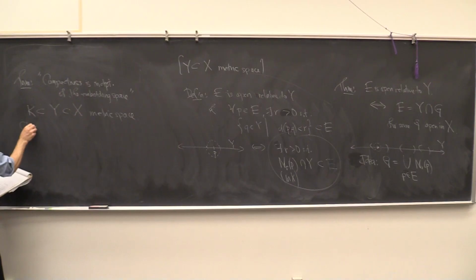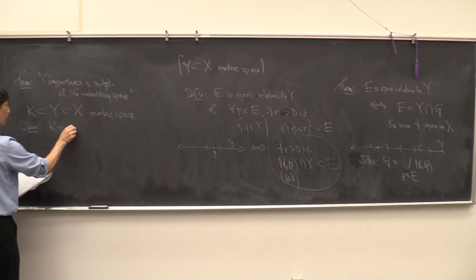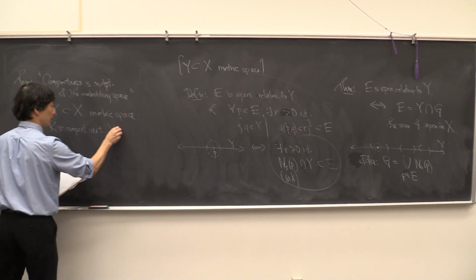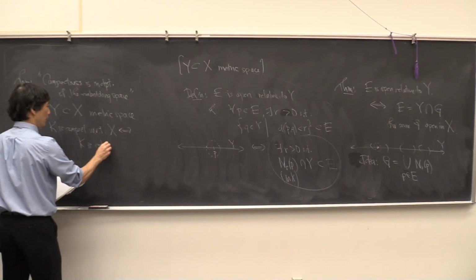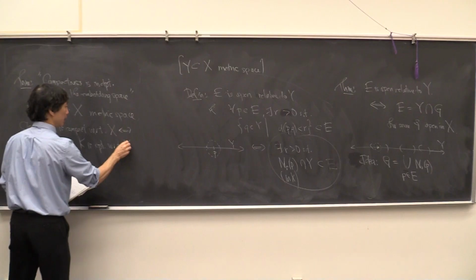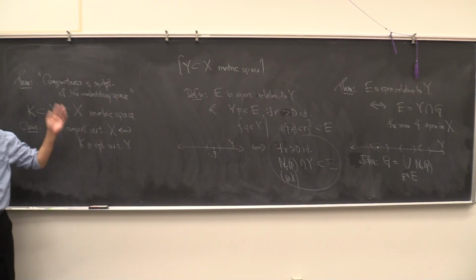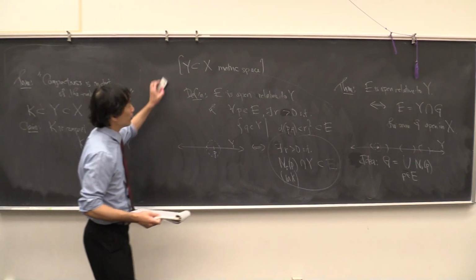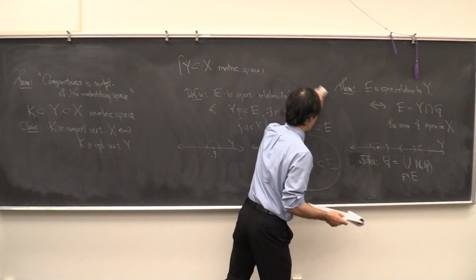The claim is that K is compact with respect to X if and only if K is compact with respect to Y. So once we say compact, we don't have to worry about what space we're talking about. Whereas if we're talking about open, we have to say open relative to what space.